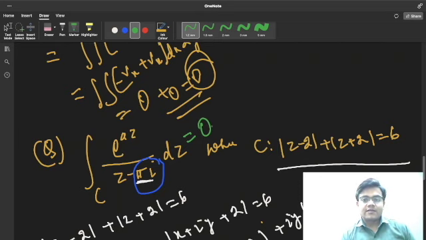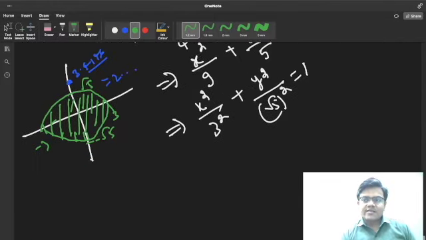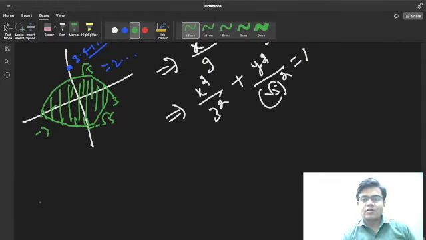Okay, so yes, your integral will be 0. So this was Cauchy's theorem. So we can observe something.